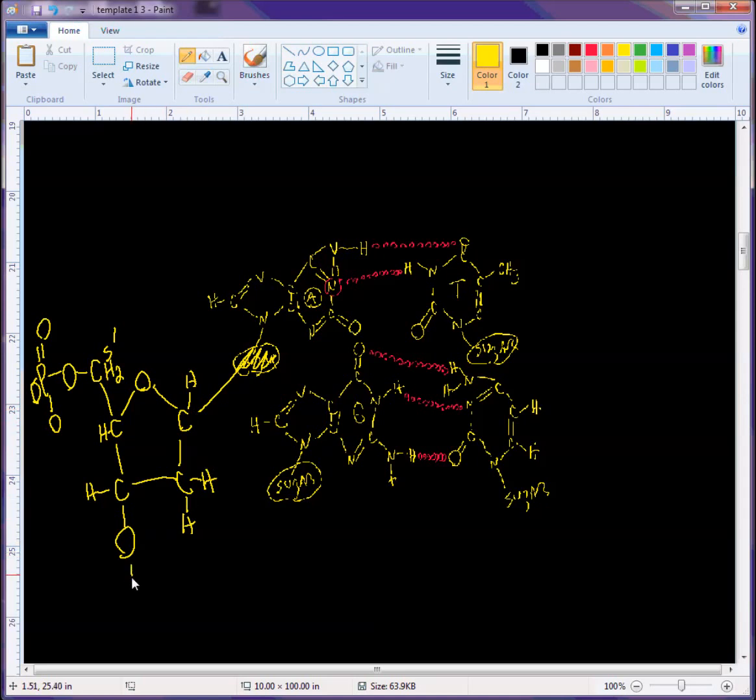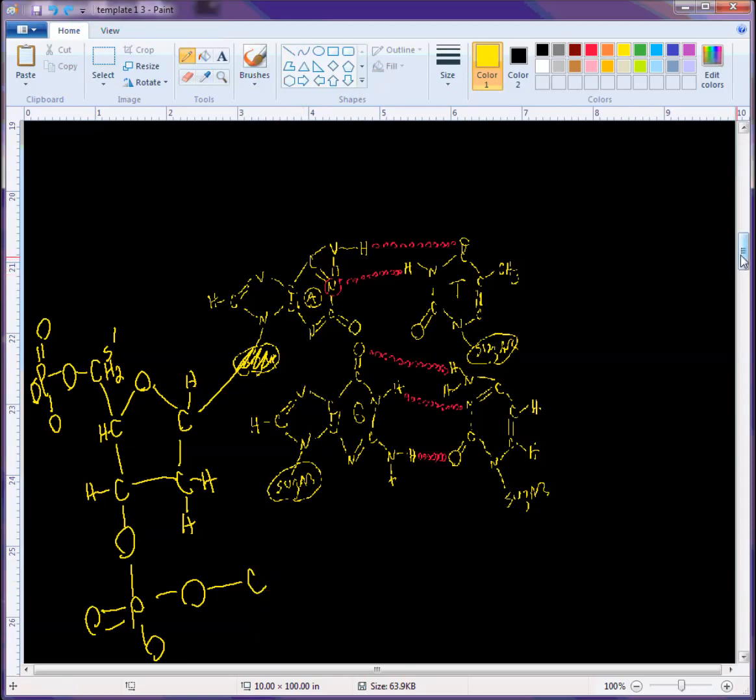Now this is where we're going to have our phosphate, right? So double bond here, oxygen here, and this is going to be attached to the 5' carbon of this sugar right here. So let's draw that in here. Carbon, carbon, carbon. Oh, that's wrong.